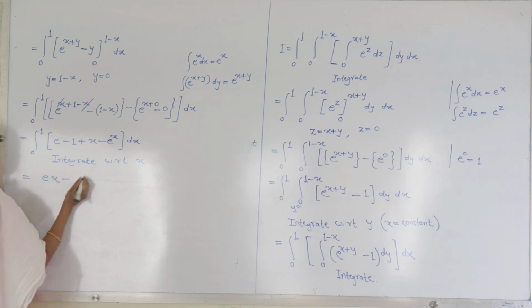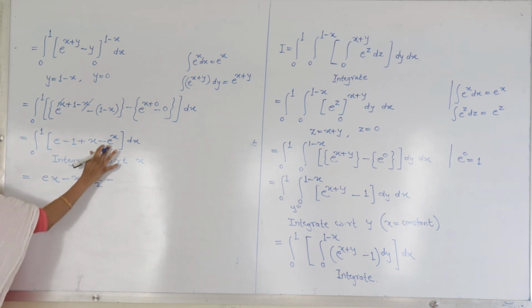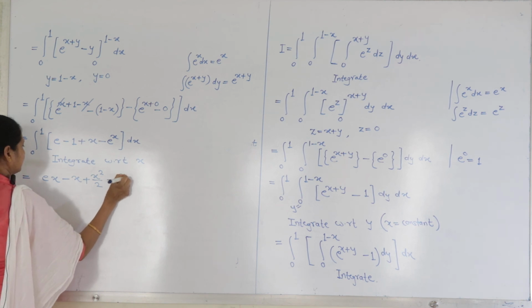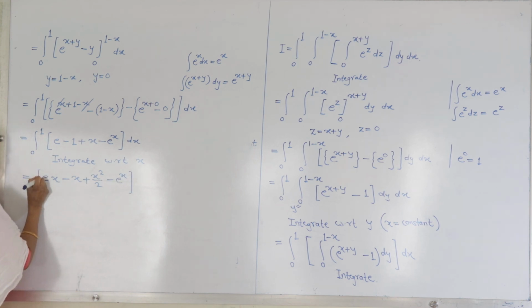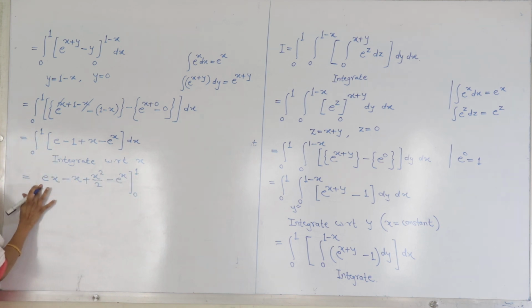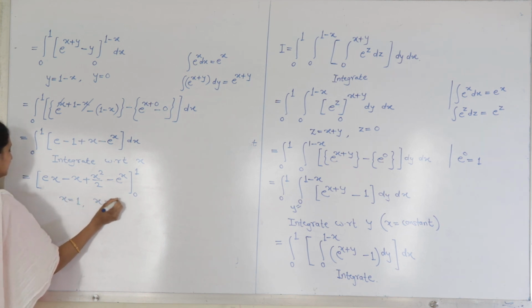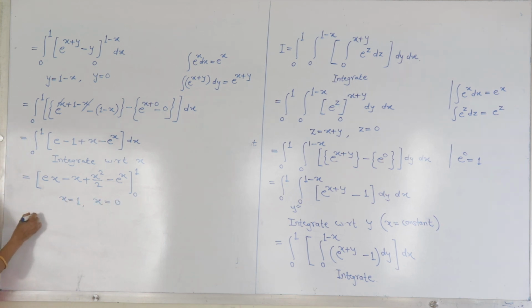So e x, minus integration of 1 dx is x. Integration of x dx is x square by 2, minus integration of e raised to x is e raised to x. Limit 0 to 1. Now upper limit x is equal to 1 and lower limit x is equal to 0.